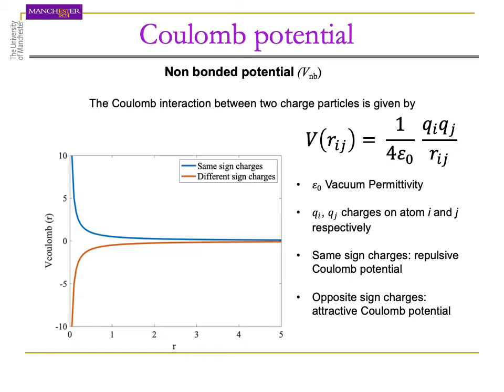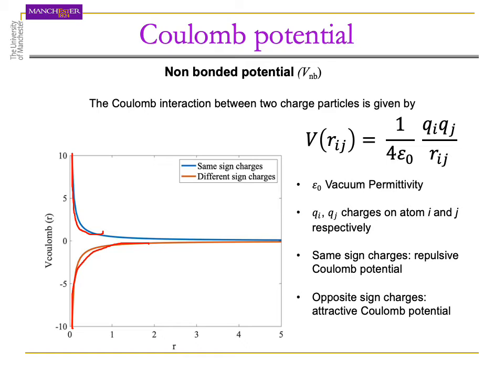When the two charges have opposite sign, the Coulomb potential is attractive, as shown here. Instead, when the two charges have the same sign, the Coulomb potential is repulsive.